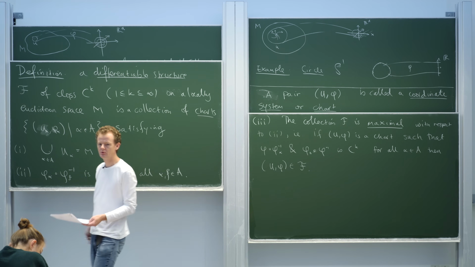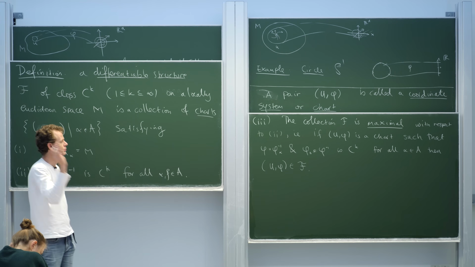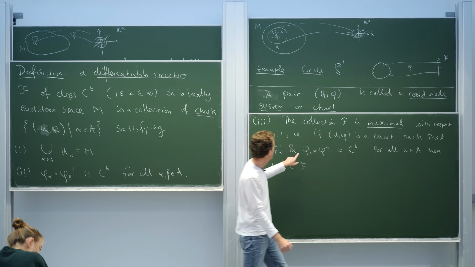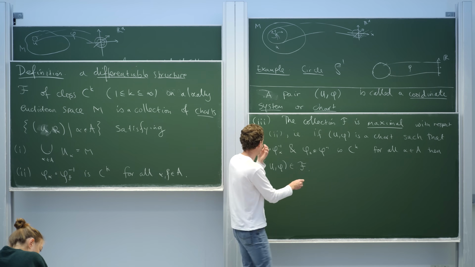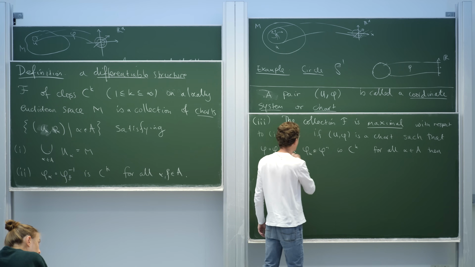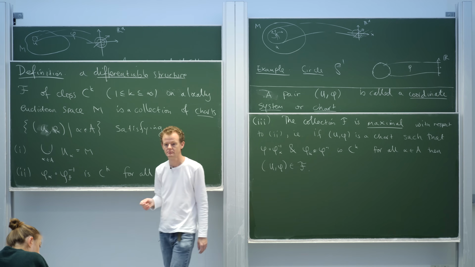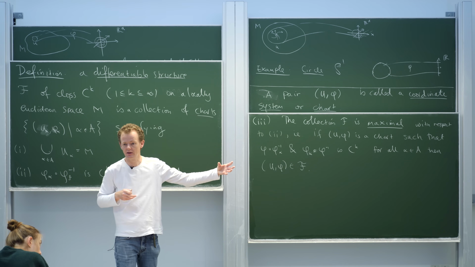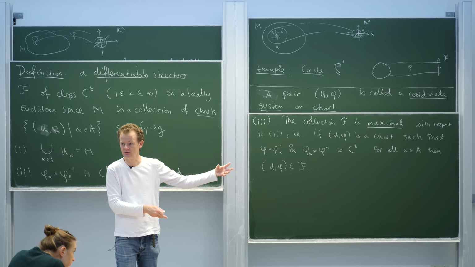So it's maximal with respect to the property that if a chart has these functions that are C^k, namely these charts are compatible with all the other charts that are there, then you have to add it into this differentiable structure.